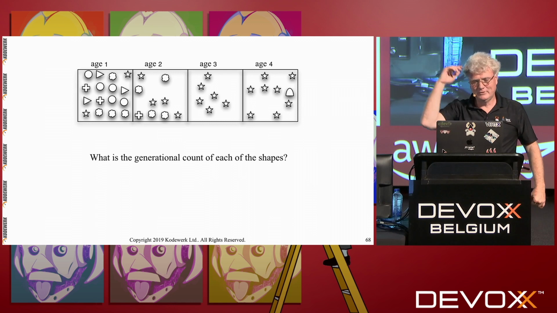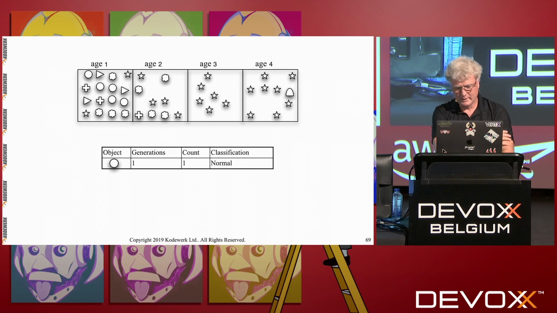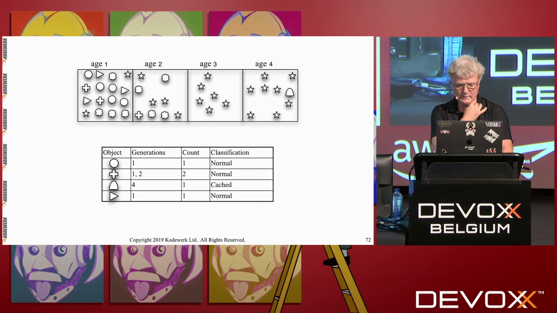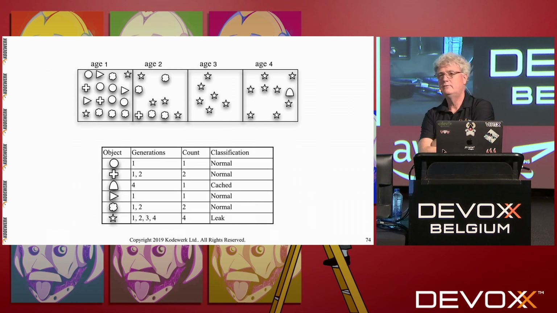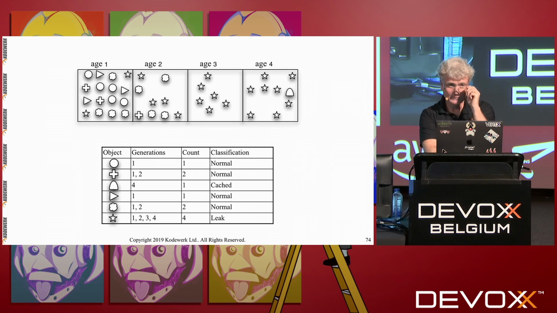Yes, that's the one that confused everyone. Star? 4. What are we missing? Triangles. Excellent. Okay: circle 1, cross 2, 1, 1, 1, and star 4. And that's my diagnosis. Any questions?